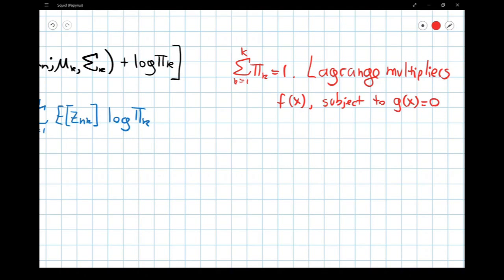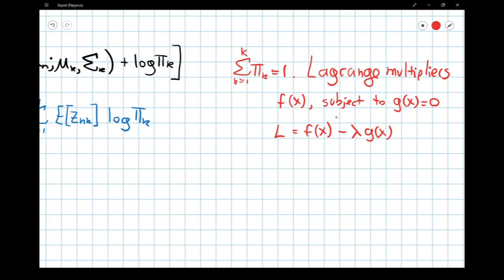What we do is we write down something we'll just call L, equal to f of x minus a constant, lambda, called a Lagrange multiplier, times g of x. Then we find the x that minimizes this.